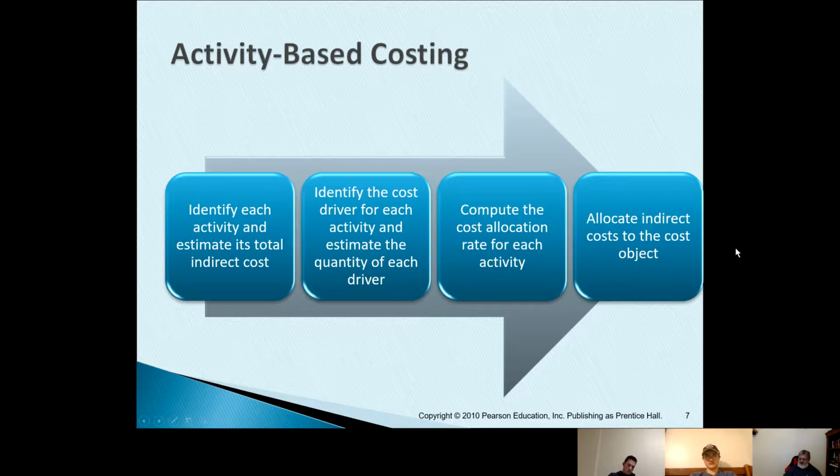Now, you notice how this is an ongoing arrow here, because you may have multiple drivers, but we're going to look at one specific. So we've identified how much it's going to cost us to do. Then we have to identify the driver for that, and we have to estimate the quantity of each of those drivers.